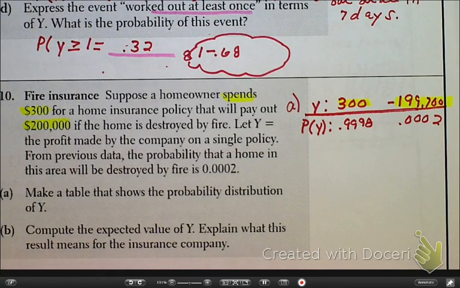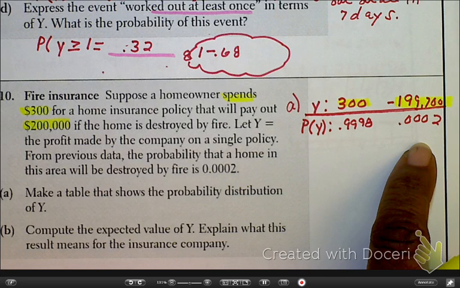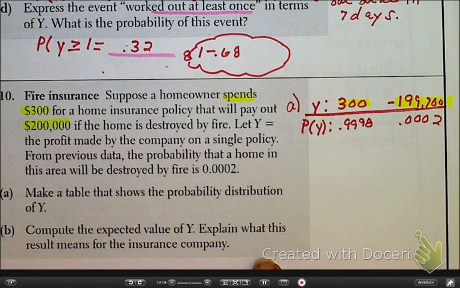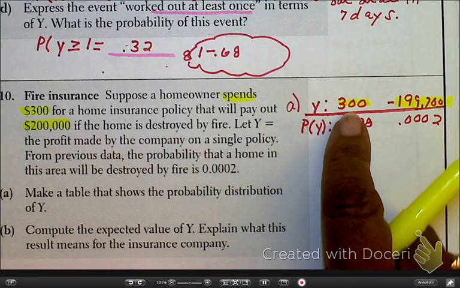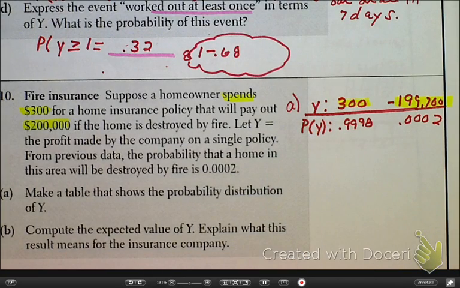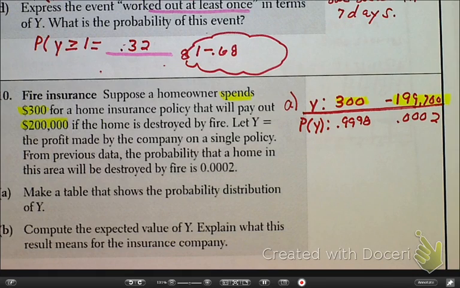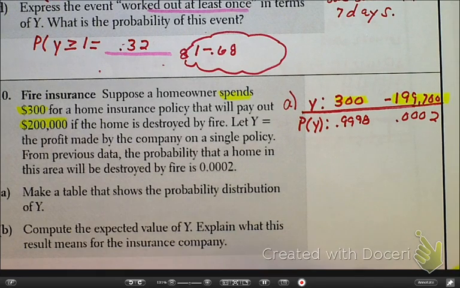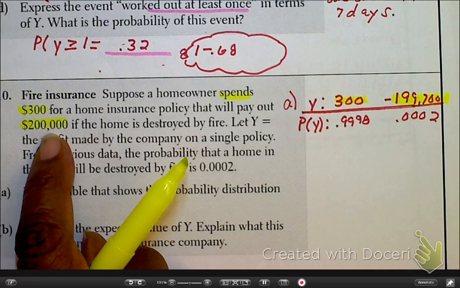Now let's look at my probabilities associated with it. But before I do that, I want to say that one more time. This is from a fire insurance's perspective. They get $300 from you. But if, heaven forbid, you need to use the policy, they're going to give you $200,000.